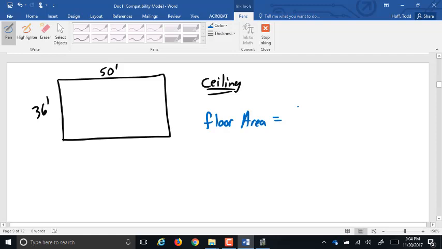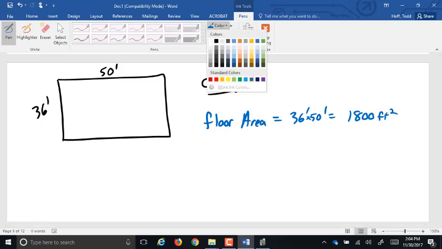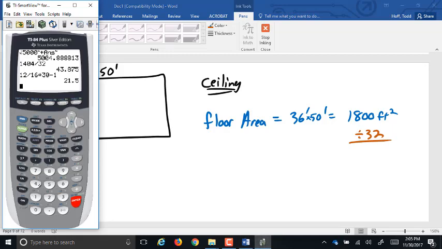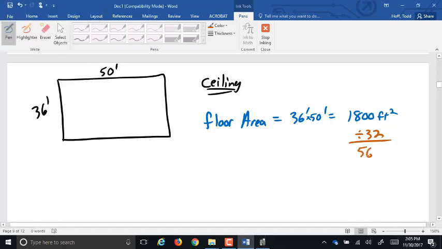We're assuming flat ceilings for now. So that area is 36 feet by 50 feet, otherwise known as 1,800 square feet. A sheet of sheetrock is the same size as a sheet of plywood, so we divide by 32. Giving us 56.25, which of course will round up to 57 sheets.